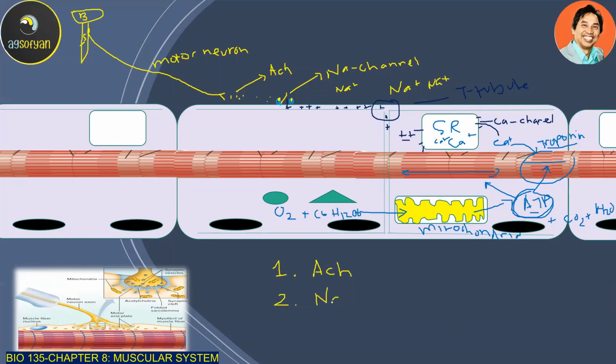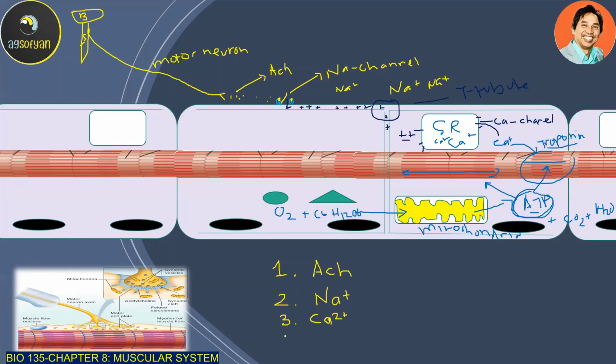So another one that we need is sodium. Sodium will enter into the sarcoplasm using the T tubule. It will trigger the opening of the calcium channel in the sarcoplasmic reticulum. So we need calcium over there.